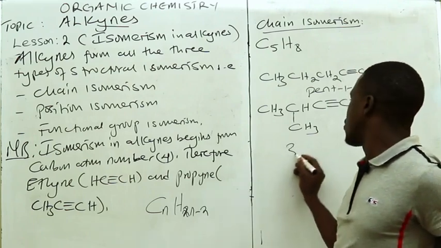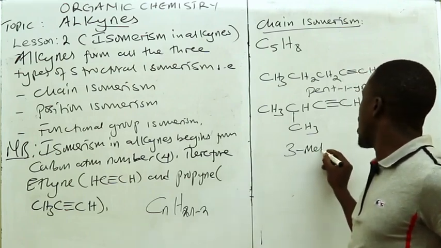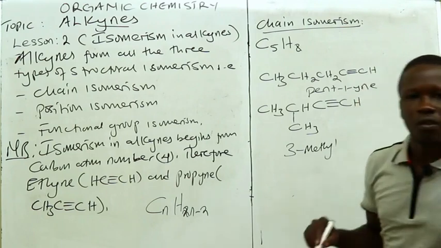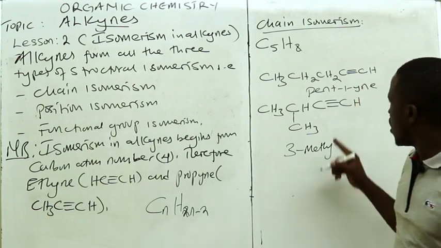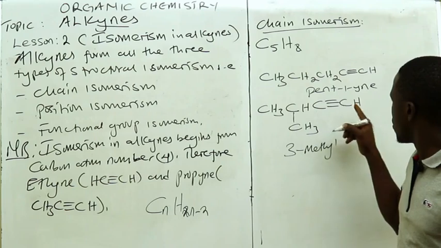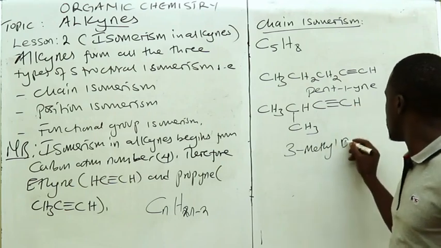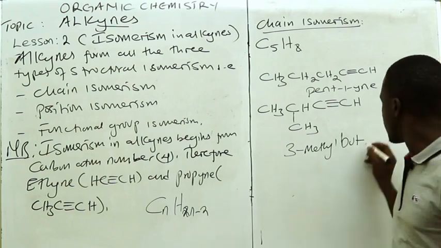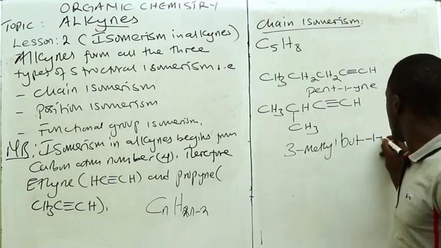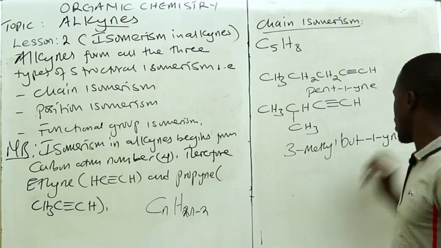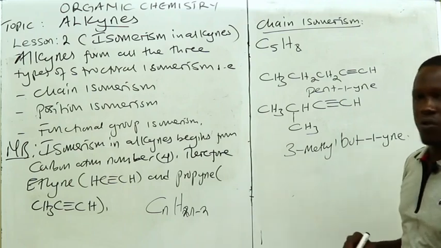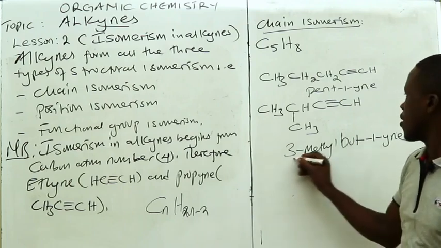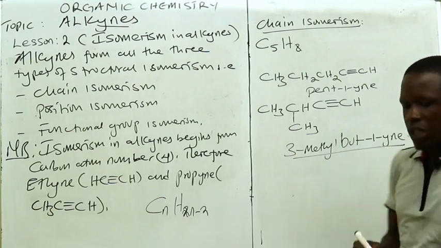So we say 3-methyl, and then 1, 2, 3, 4. So this is 3-methylbut-1-yne. Like that.